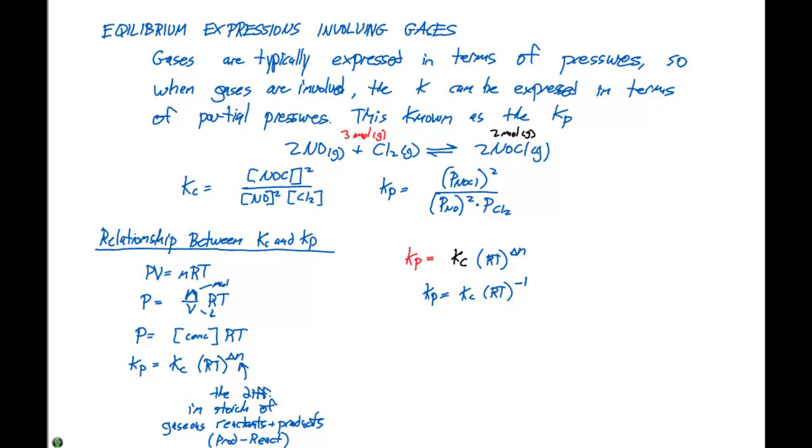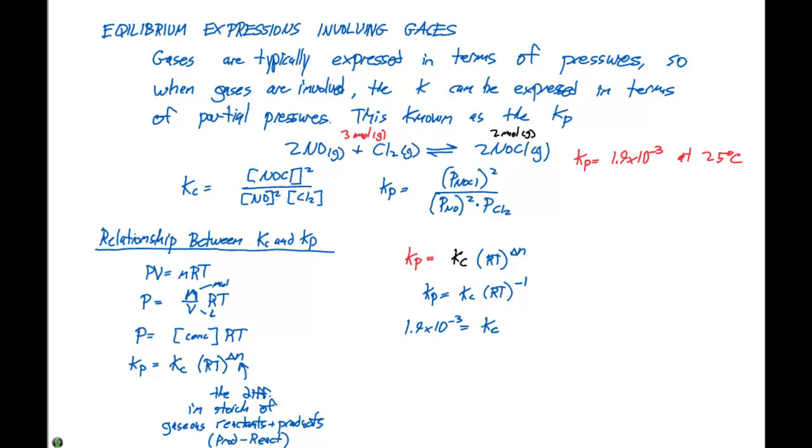So if for this particular reaction we're given the Kp, so if the Kp for this reaction is going to be 1.9 times 10 to the minus 3 at 25 degrees Celsius, we can determine the Kc. So the Kp is 1.9 times 10 to the minus 3.